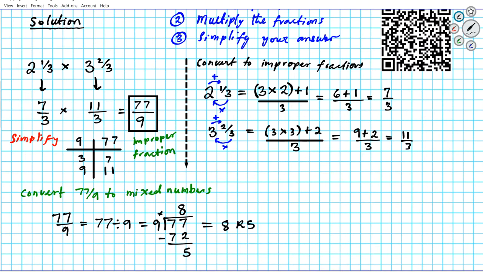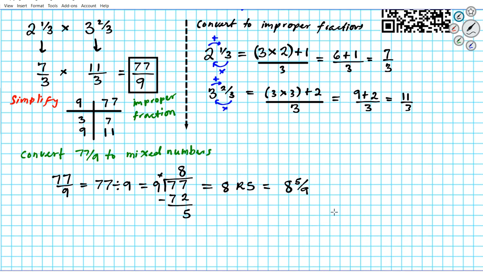So how do we write this in mixed number format? What you do is you write down the quotient as the whole number and then the remainder over the denominator of the original improper fraction. Bam. That's what we went over in lesson 7.2a. So let's write down our final answer.